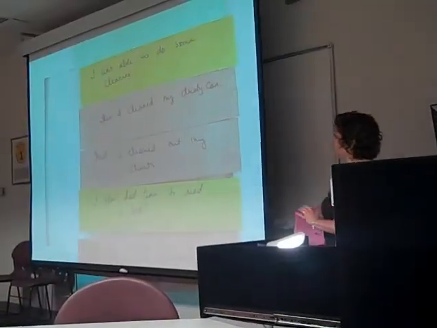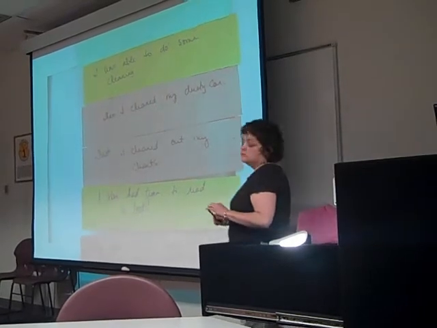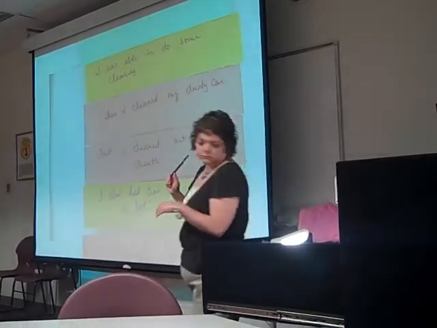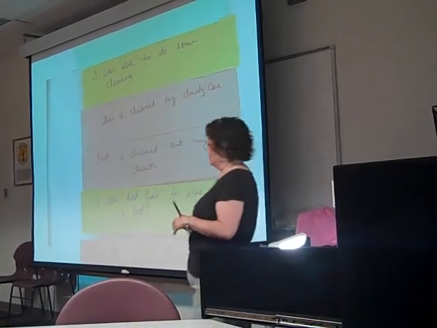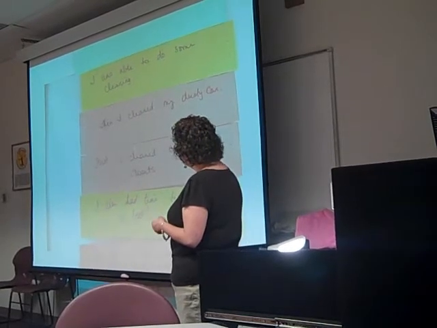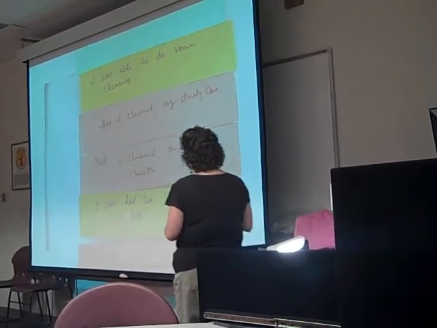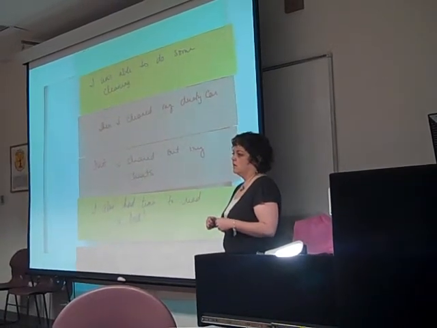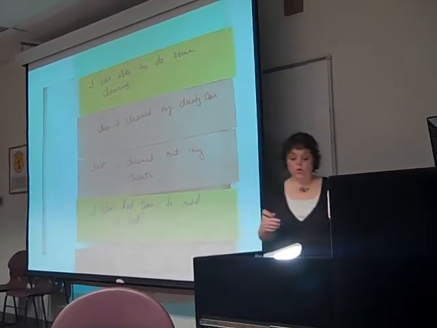Okay. Let's look at mine. My spring break was very relaxing. I was able to do some cleaning. Then I cleaned my dusty car. First, I cleaned out my closets. What do you notice first thing? Wrong order?